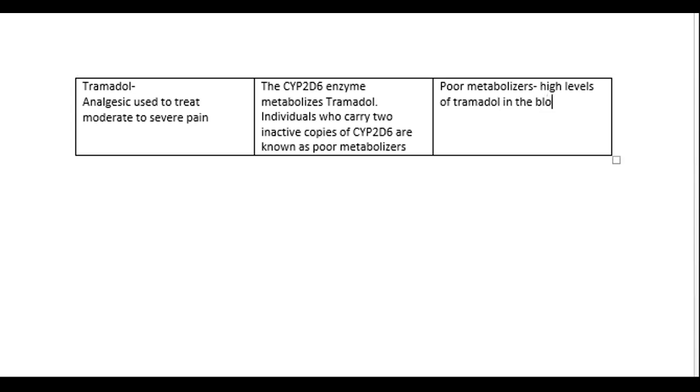But even though there is a high level of tramadol in the blood, a lack of efficacy is seen. This is because tramadol is actually a prodrug and it should be converted into the active form. Because of this mutation, there is no conversion into the active form, and no active form is seen, leading to the lack of efficacy.